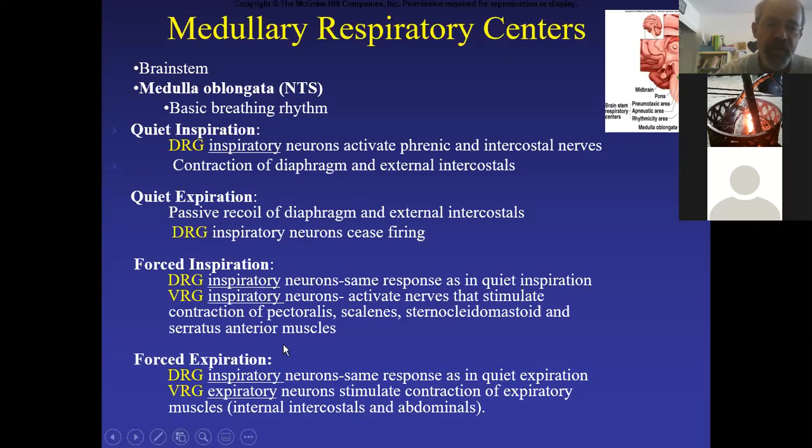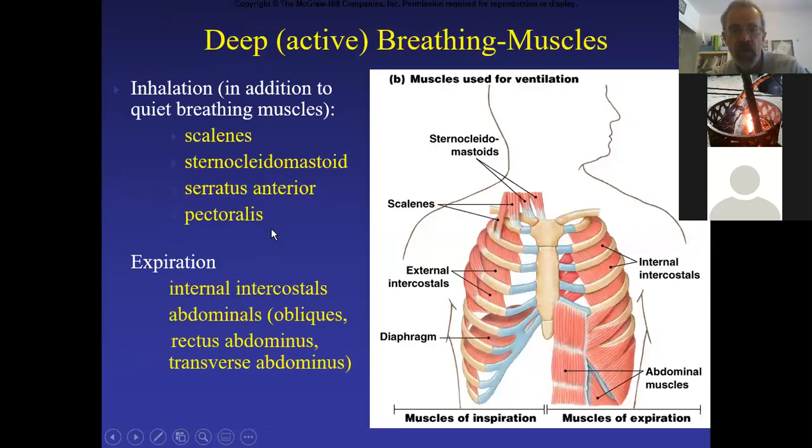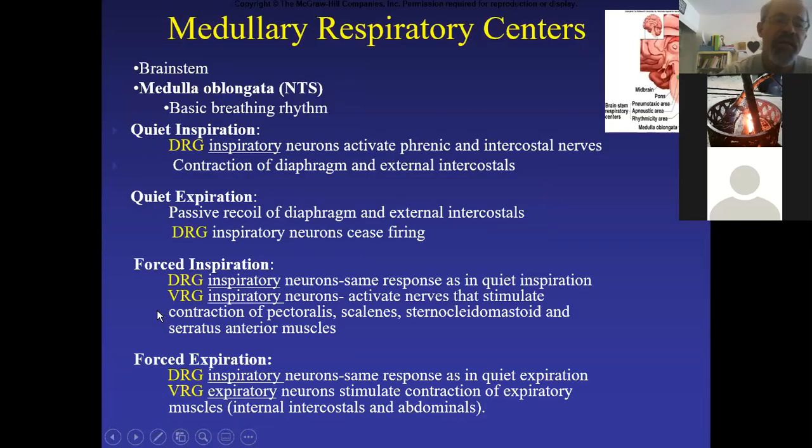But remember those other muscles we spoke about back there. Well, that's dependent upon the VRG, ventral respiratory group, which activates nerves that stimulate the remaining four muscles. So we're basically recruiting another set of neurons.